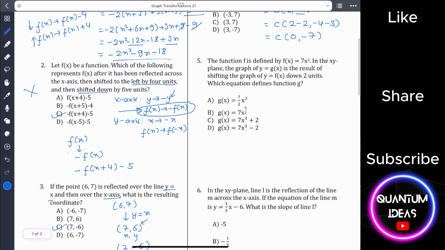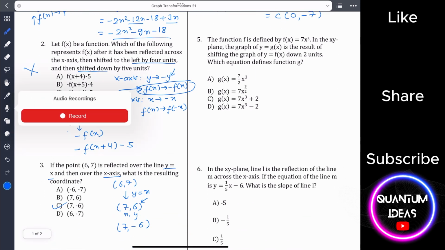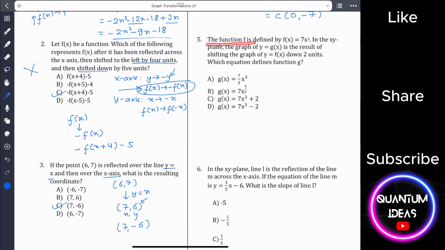So let's go to number 5. Quite easy, I think. Number 5: the function is defined by f(x) equals 7x cubed in the xy plane. The graph of y equals g(x) is the result of shifting the graph y equals f(x) down 2 units. Quite easy, but here we are given a cubic function. So f(x) is given as 7x cubed. Now g(x) is the new function obtained by shifting the graph y equals f(x) down 2 units.